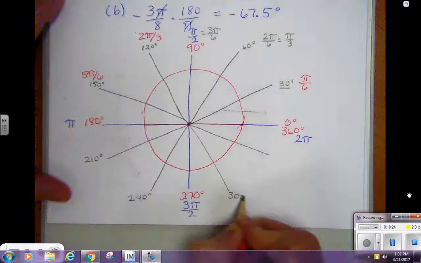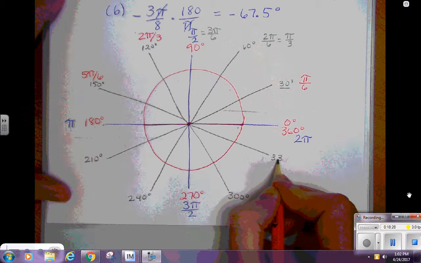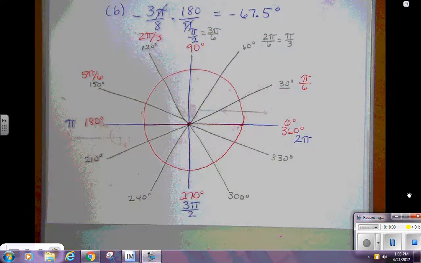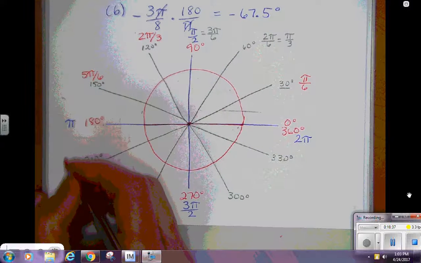What would be the 45-degree ratio? We're going to go back and do that in a second.